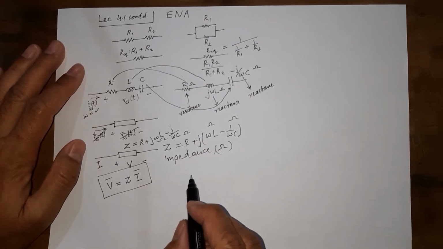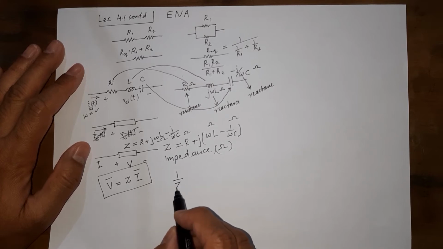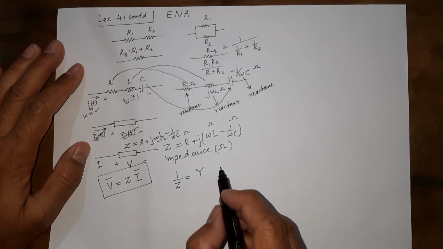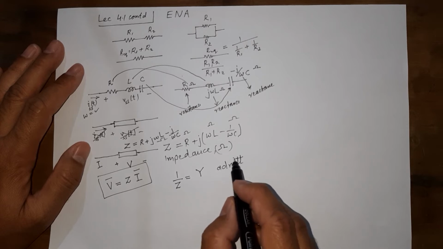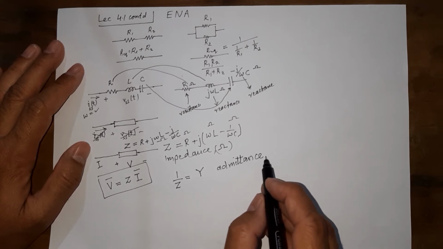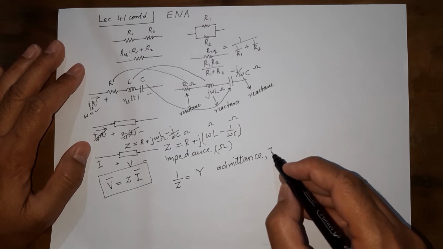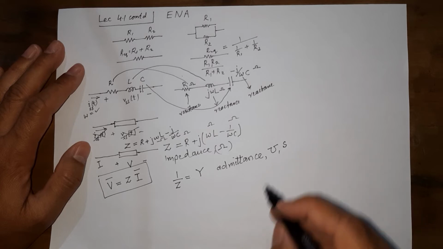And the reciprocal of impedance is known as admittance, denoted by capital Y, and it is called an admittance. And guess what would be its units? Right, mho or Siemens.